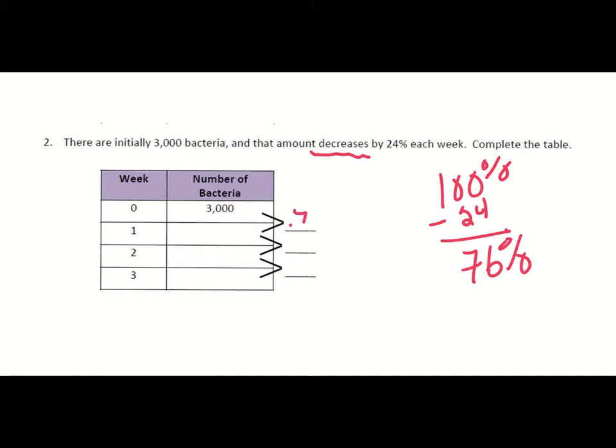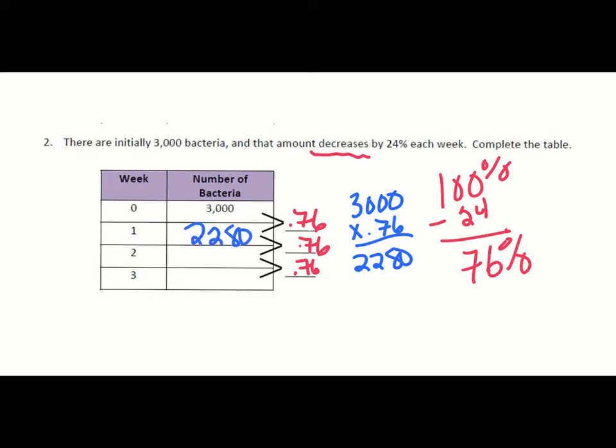So we're going to multiply by 0.76 each time. So if I start with 3,000 and I multiply by 0.76, that is going to give me 2280.